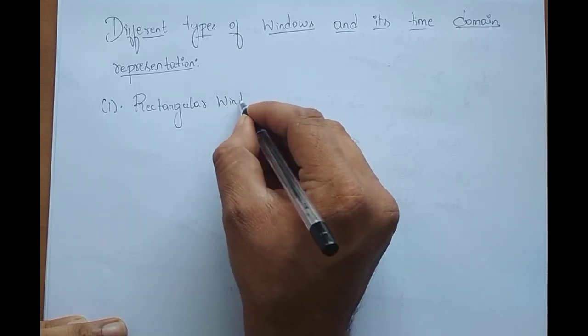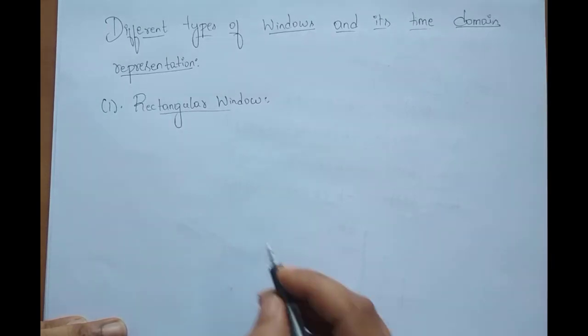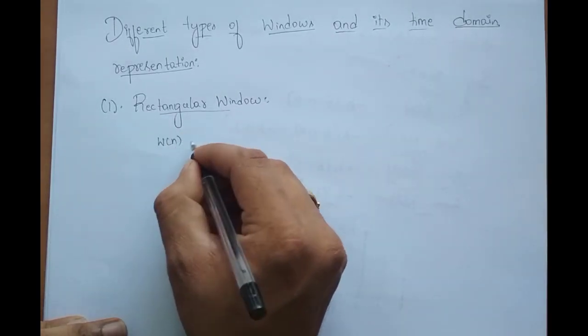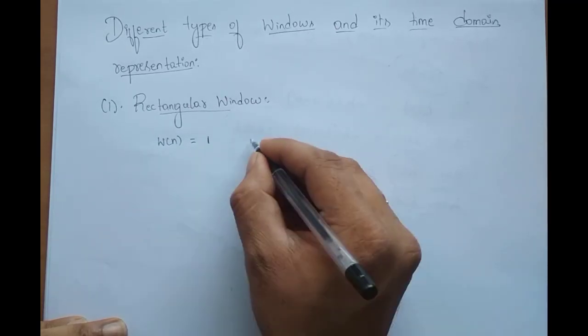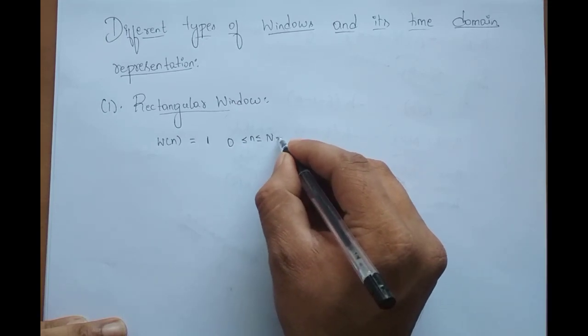Its mathematical representation is W of n is equal to 1 for n varying from 0 to N minus 1.